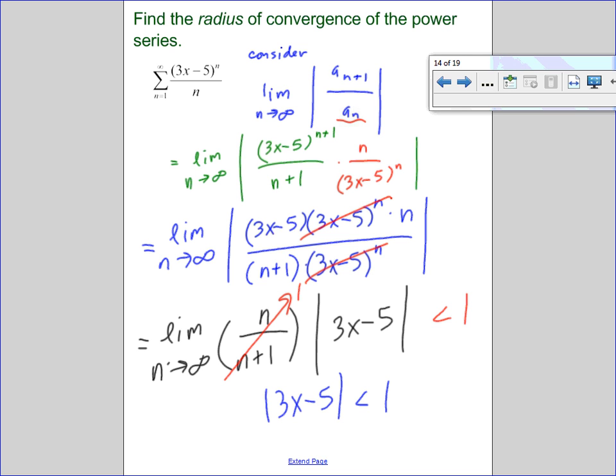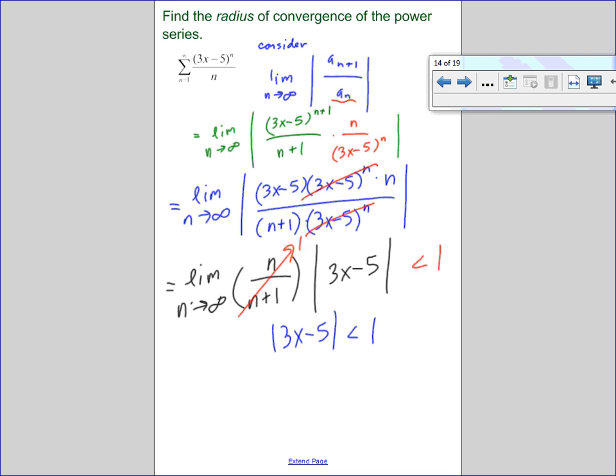If we want to find the interval of convergence, we break up the bars and solve. If we want to figure out the radius of convergence, we can do our tricky factoring, however you want to do it. I'm going to pull out a 3. And so I can see the radius of convergence in this case is only 1/3 of a unit. You see that? It's only 1/3 of a unit.